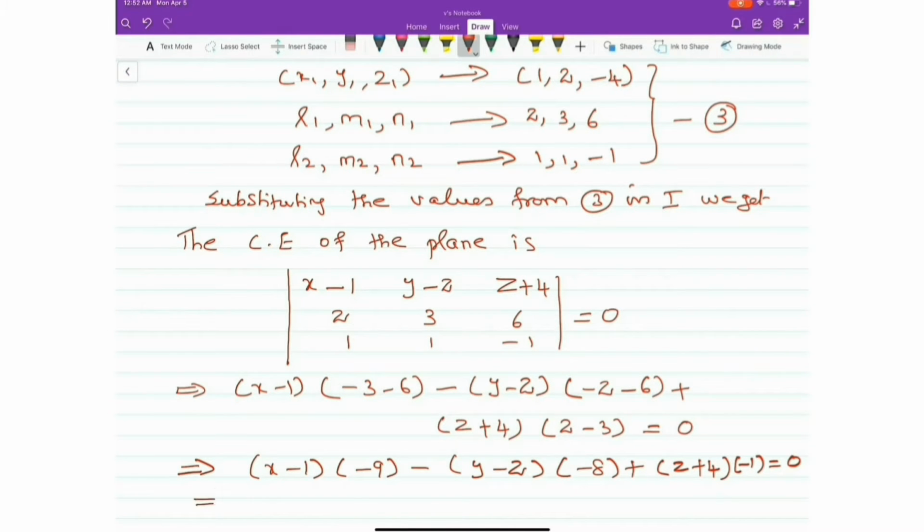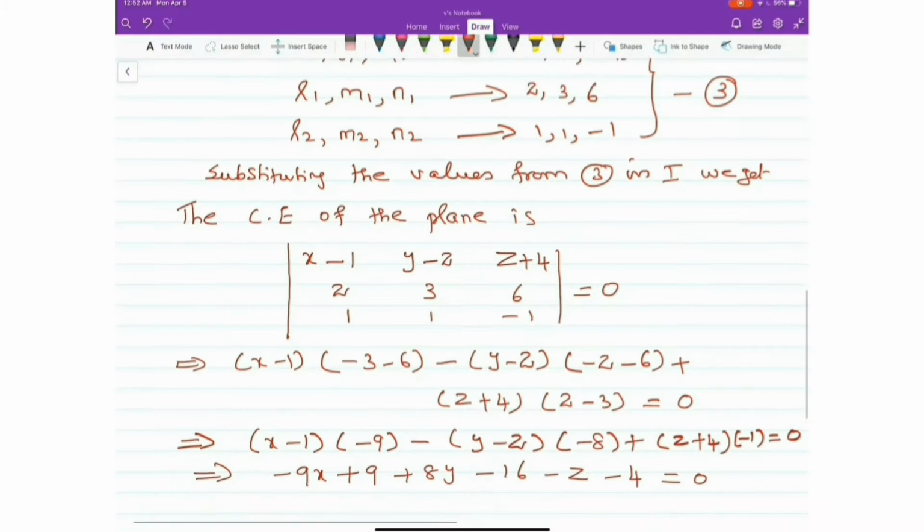This is nothing but minus 9x plus 9 plus 8y minus 16 minus z minus 4 equal to 0.